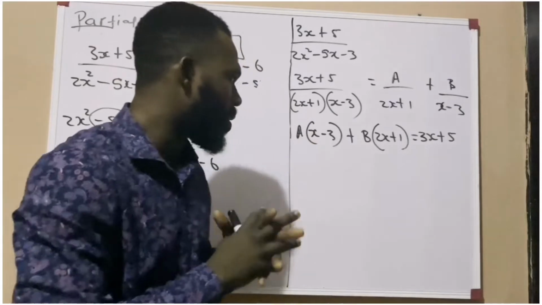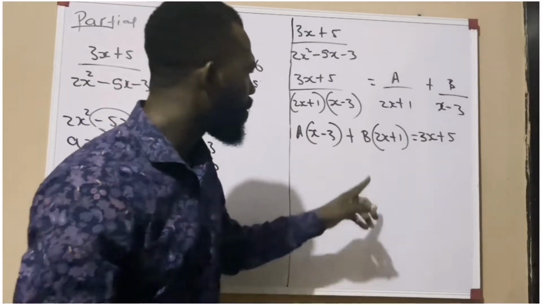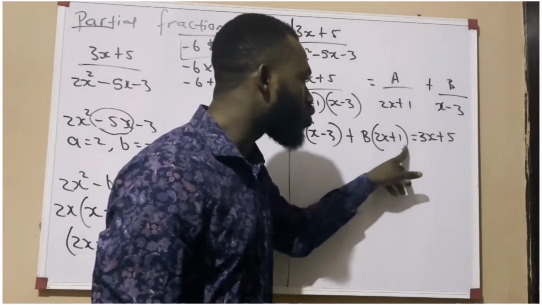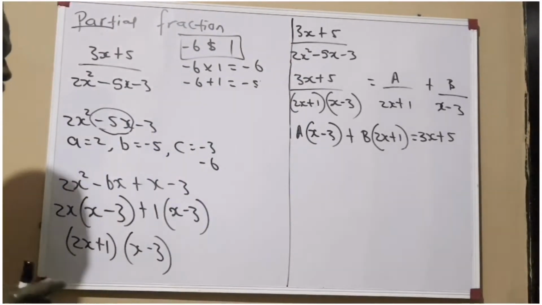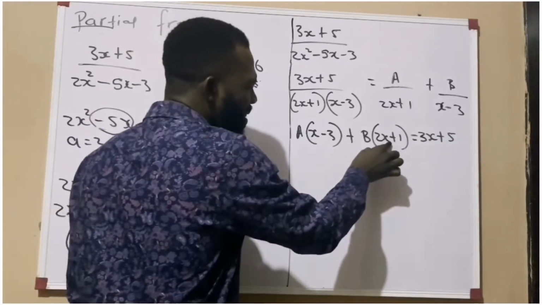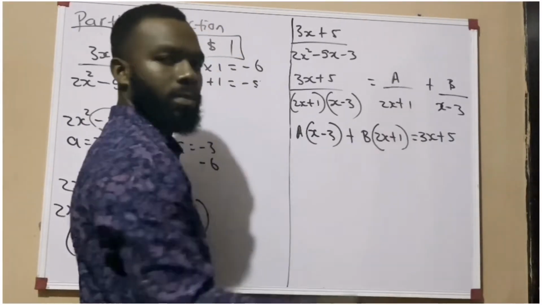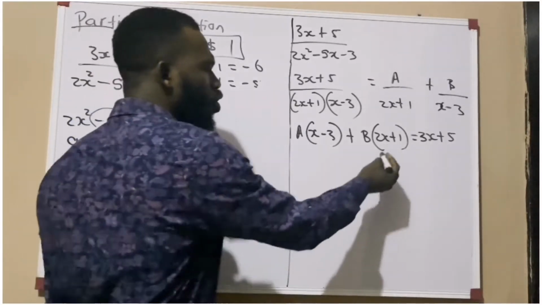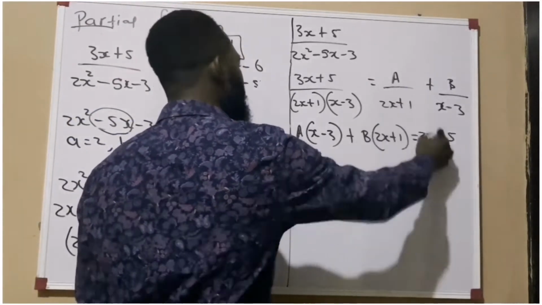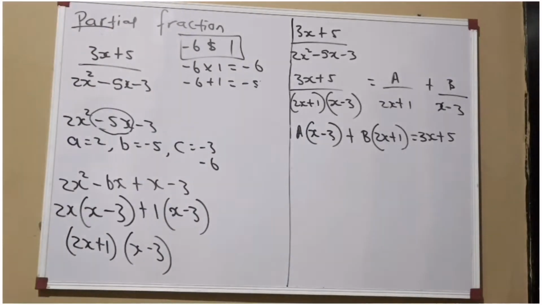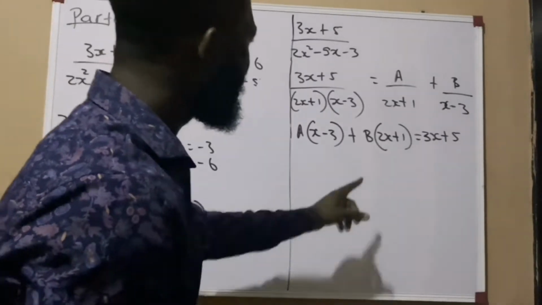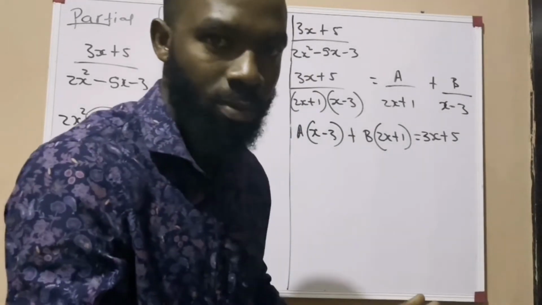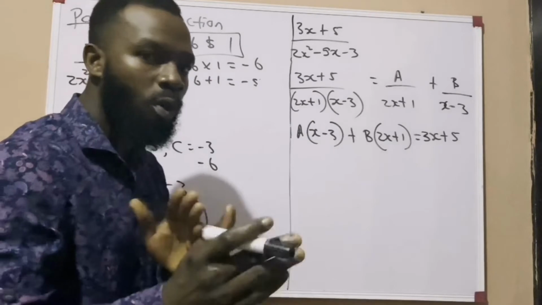So you start thinking, now, I have 2x plus 1. The next question you will ask yourself is, what will I put as the value of x such that everything here will be 0? So the value of x that will make this function here be 0 is minus 1 over 2.